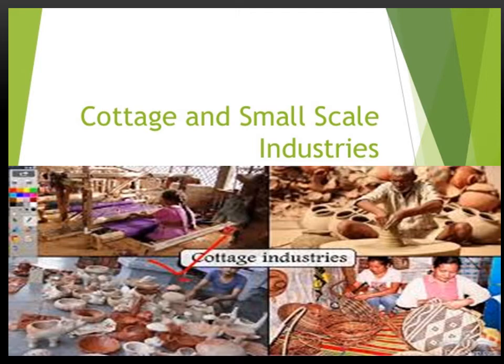So, this cottage industry is a manufacturing activity operated at home, and the handcraft sold, for example the embroidery work, the pottery or the ceramic work, are examples of the cottage industries.